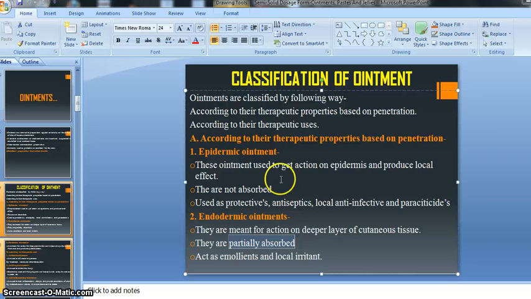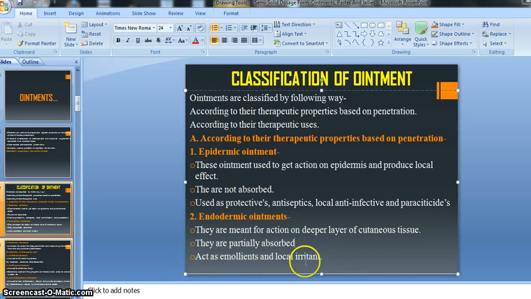But epidermic ointments are not absorbed, so they act only on the epidermis layer. So there is a small difference between epidermic and endodermic ointment. When we need to produce action on subcutaneous tissue, endodermic ointment is prescribed.